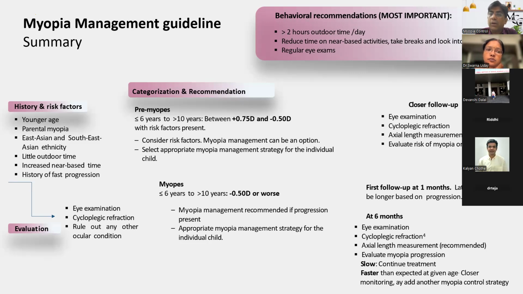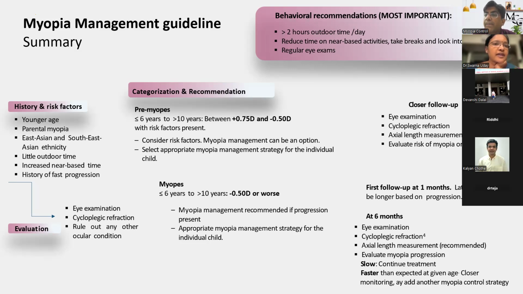Most of the patients are not able to put it once a day. Sometimes they will put, sometimes they will not put. And I think that is where the glasses will score. So if there is a history of fast progression, normally I would try to go into combination therapy of glasses and atropine both together, or I will start atropine 0.01% twice a day directly.